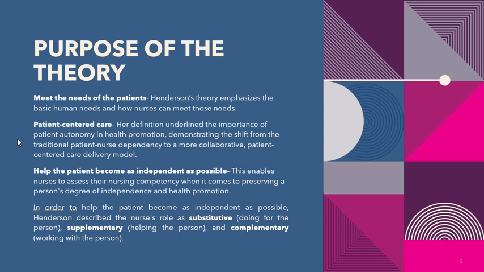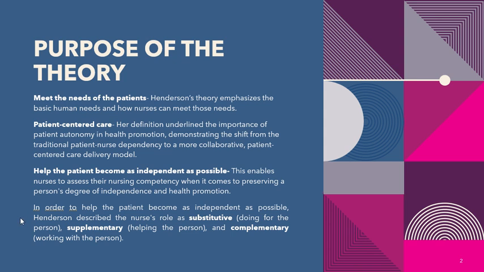The next purpose is to help the patient become as independent as possible. This enables nurses to assess their nursing competency when it comes to preserving a person's degree of independence and health promotion. By assessing the patient's ability for independence, or whether they have achieved the 14 needs, the nurse can know what further steps to take towards care, what the nurse does to make the patient more independent.